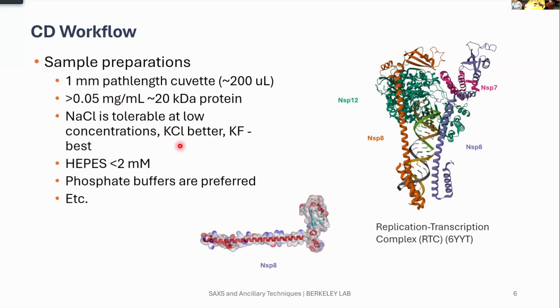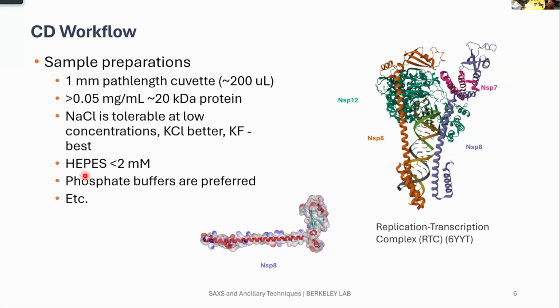So in my analysis, I shifted to potassium chloride, which appeared to be better as it does not give very strong noise in this far-UV region. The best was potassium fluoride, but we were getting some weird structures that were not what we were expecting, so we stuck with potassium chloride. For buffer, we're using HEPES buffer under 2 millimolar.